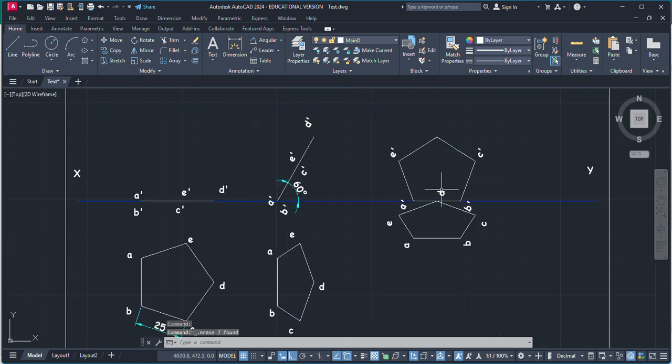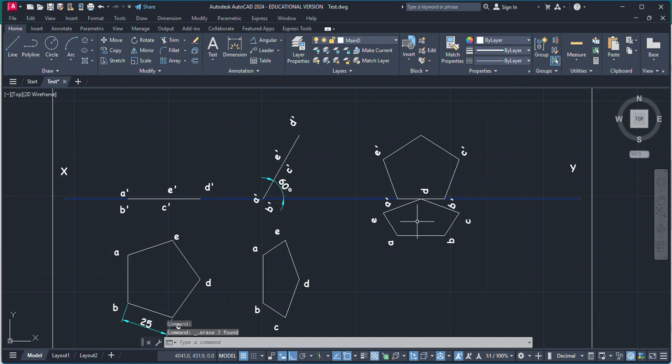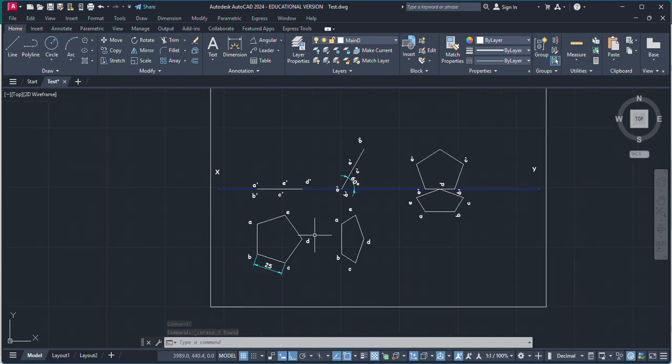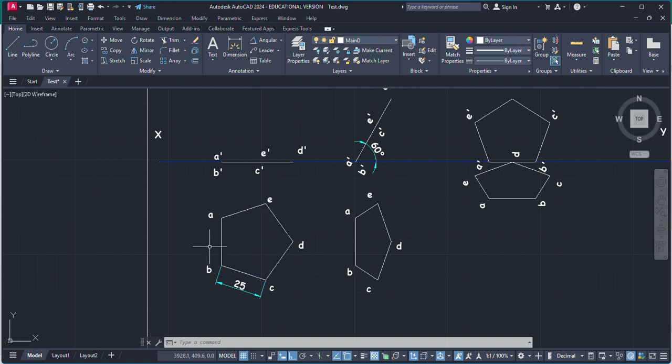So now you can see, as in the question it has been asked, this pentagonal lamina is resting on one of its edges, which is AB in this case. So while resting on HP, the top view will appear like the exact pentagon with side 25 mm, and in the front view we will have a straight line.